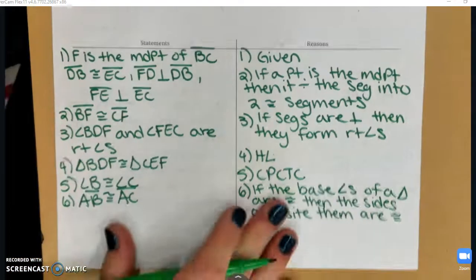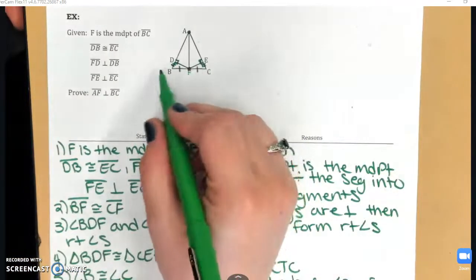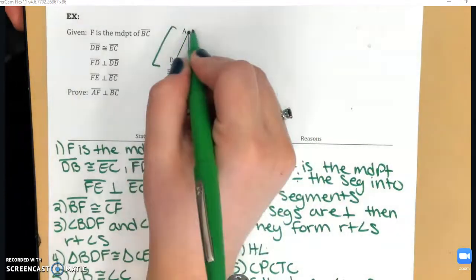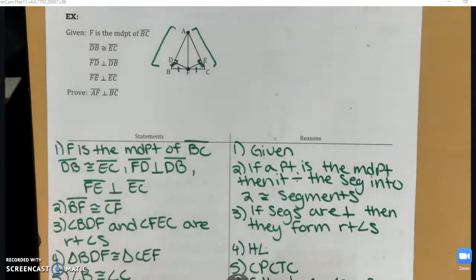Okay, so F is equidistant from B and C, and A is equidistant from B and C because these segments are congruent.